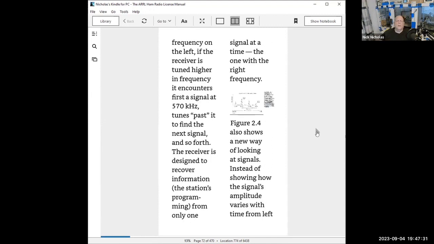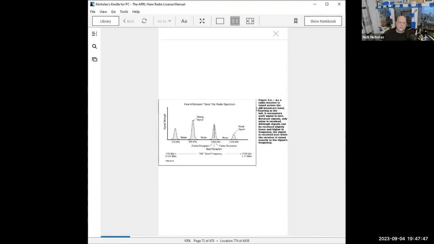All right. Now, when an AM signal is generated, it talks about this in figure 2.4. I want to explain what figure 2.4 is. When an AM broadcast signal is sent out, it's sent out on a center frequency. I'm going to use this as an example right here.